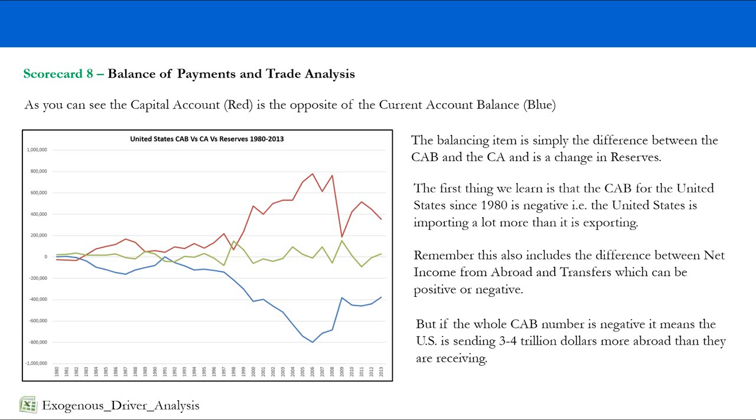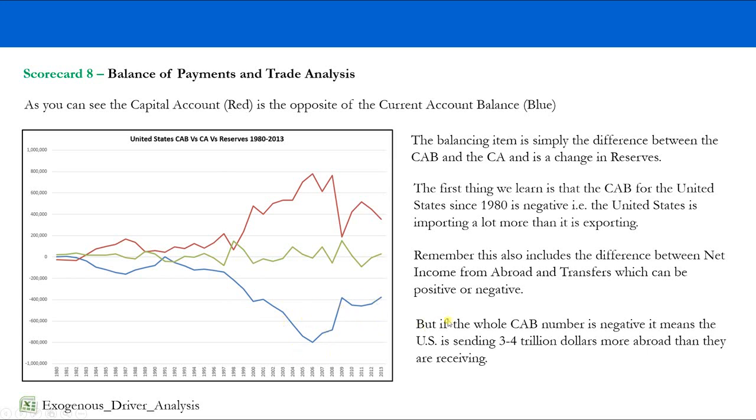The way to view this, to keep things as simple as possible, is that if the whole current account balance is negative, it basically means the US is sending $3 to $4 trillion worth of foreign currency reserves more abroad than they are receiving in dollars back. So the difference is a negative dollar value.